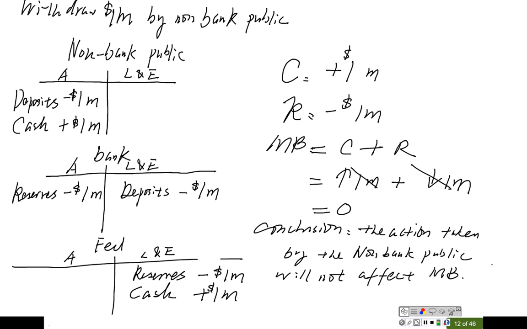And the previous two examples, if you can recall, examples 1 and 2, are different because they covered the action taken by the Federal Reserve as a part of the monetary policy. It will affect monetary base. But here, the action taken by the non-bank public is not monetary policy. It will not affect the monetary base.